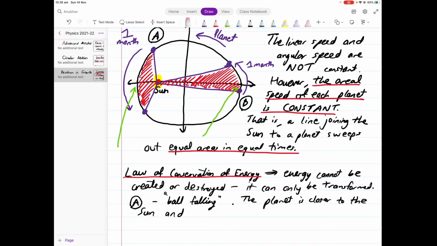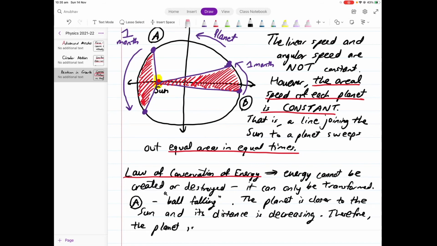So what happens is, at A, the planet is close to the sun, and its radius, or rather, instead of calling it radius, its distance from the sun is actually decreasing. Yeah? If its distance is decreasing, what this tells us is the planet is losing gravitational potential energy, which you remember is like a ball falling down.